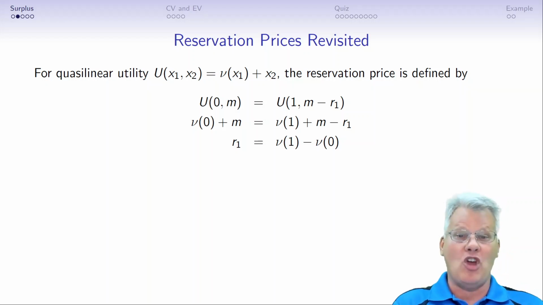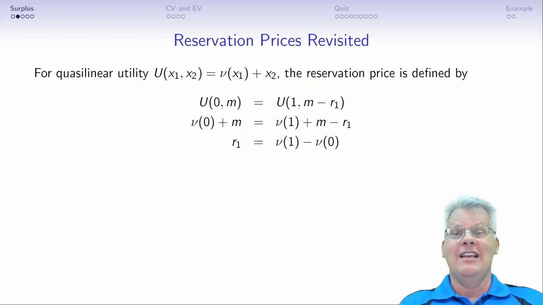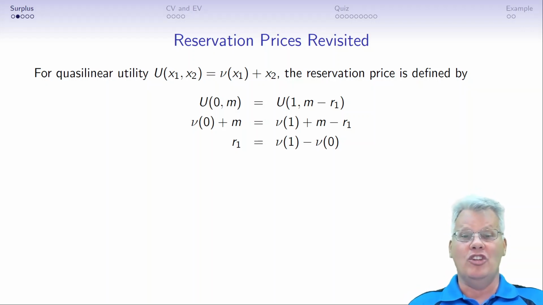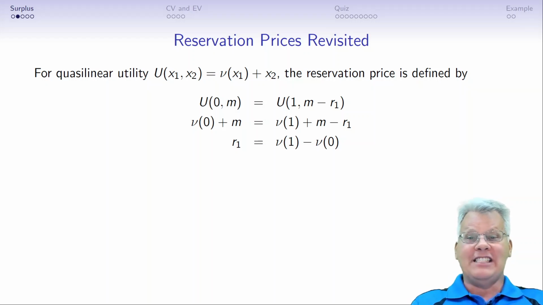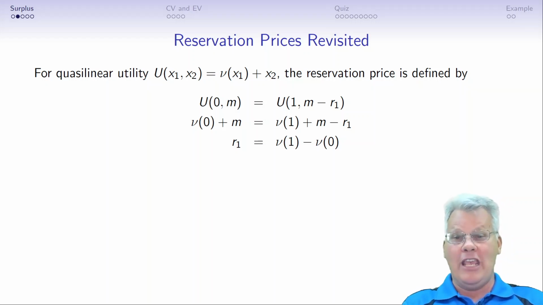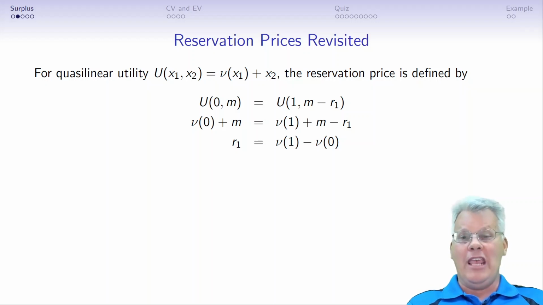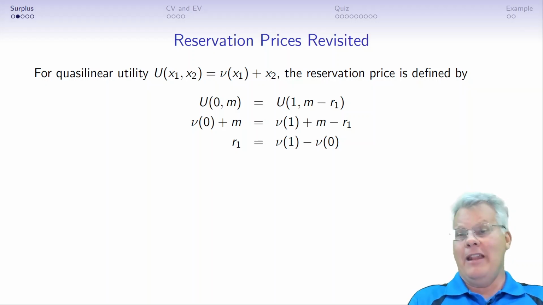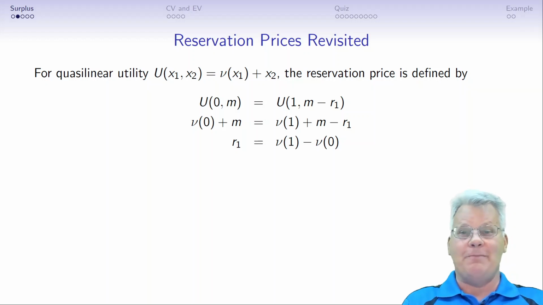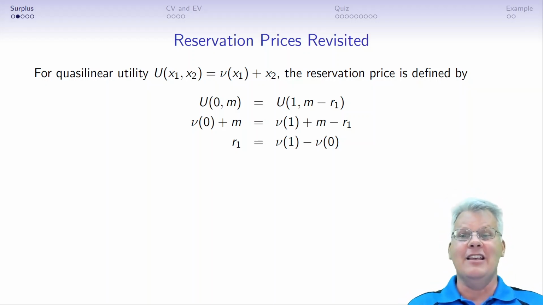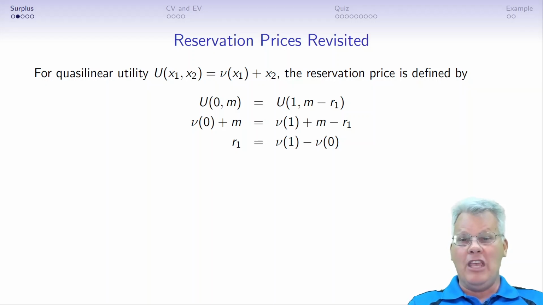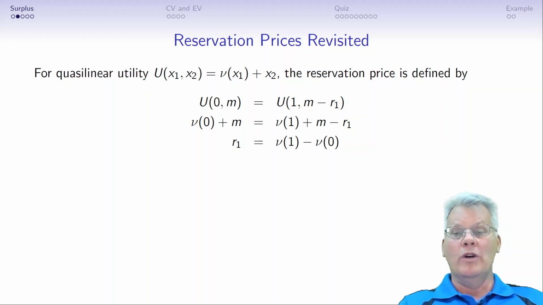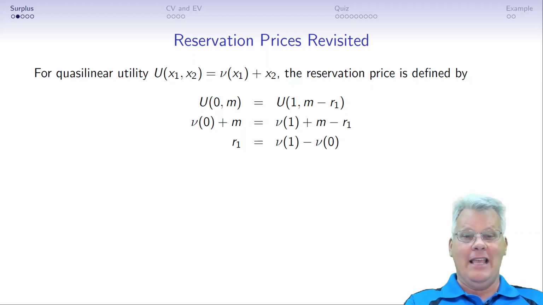So if I spend my top dollar, or my reservation price, that means I have M minus R1 dollars available to spend on good 2. So if I substitute in the functional form of utility, the utility if I consume no x1 and M, and let's say that x2 is dollars to be spent on the other good, just to make things easy, my utility then would be nu of 0 plus M, and that must equal nu of 1 plus M minus R1.